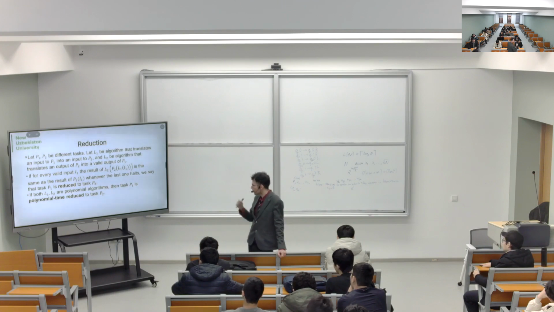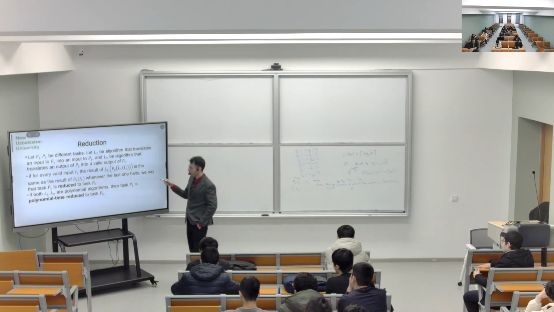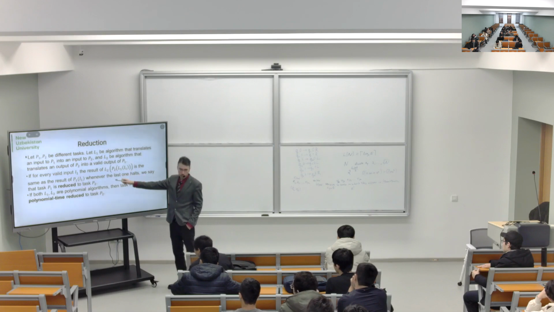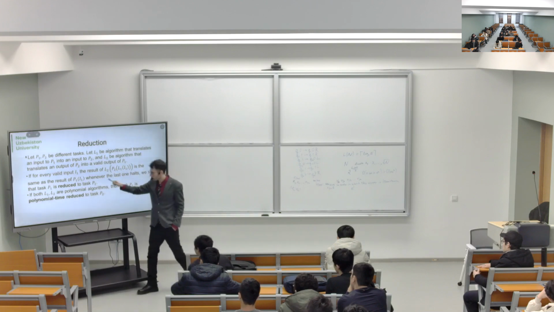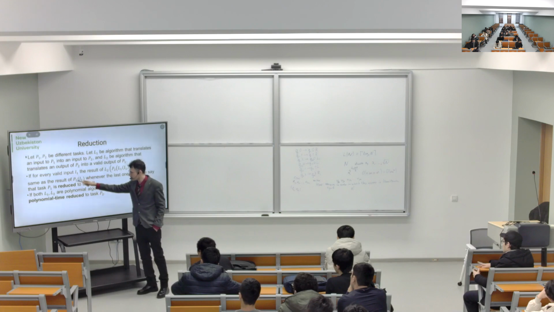So, if for every valid input I1 to task P1, the result of this is the same result we would get as the answer to P1 given the input I1.